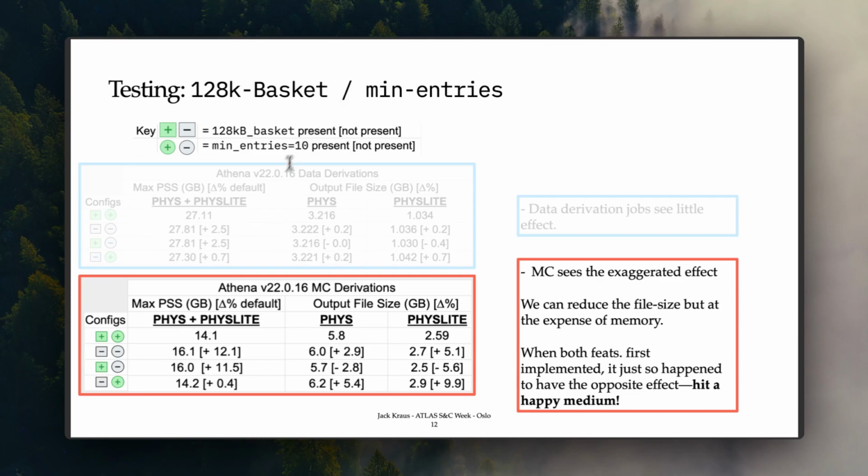But now we're able to see them separately and see how choosing 128 kilobytes for the basket limit and the minimum number of entries hits a happy medium. So that was pretty nice.